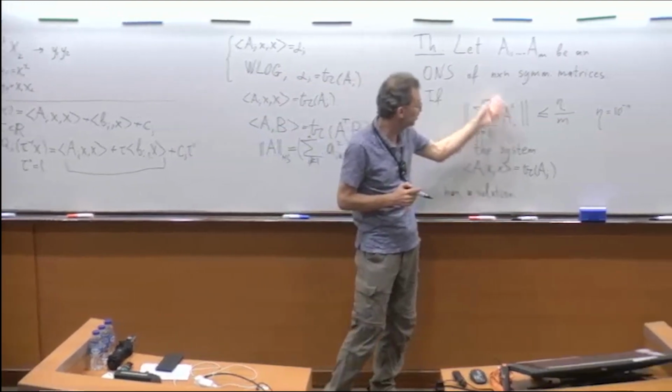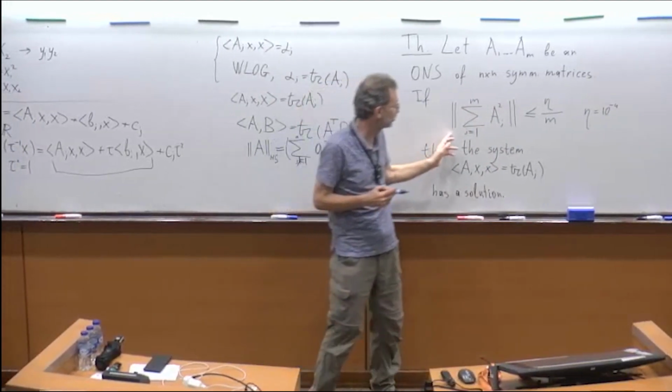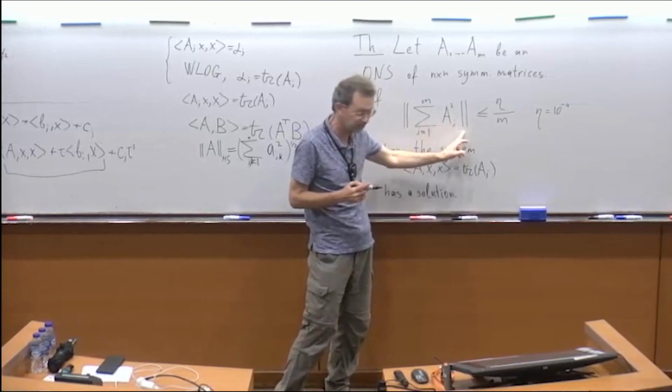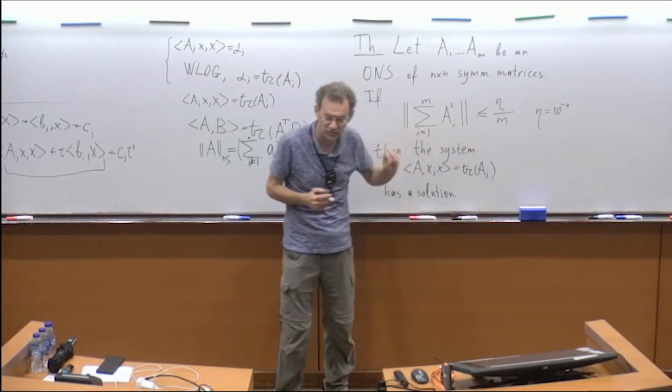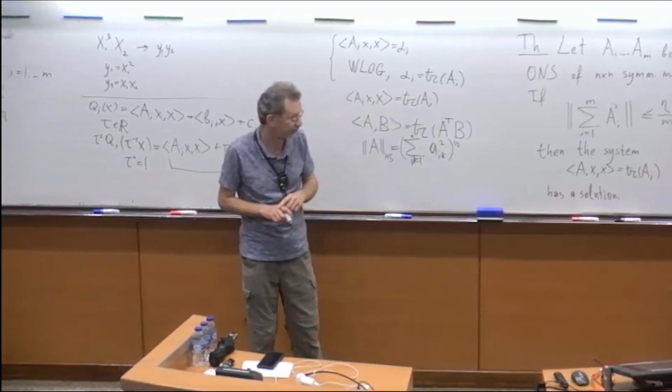And if its norm is small, the norm of the square is even smaller. So there is nothing surprising in the fact that this quantity may be small, despite that the matrices themselves are normalized.